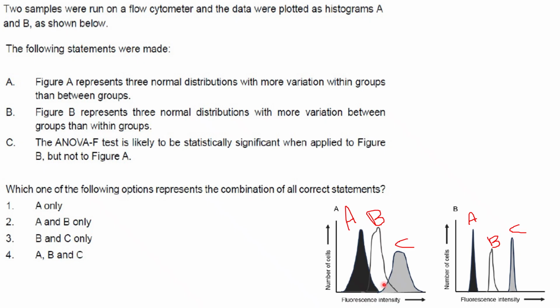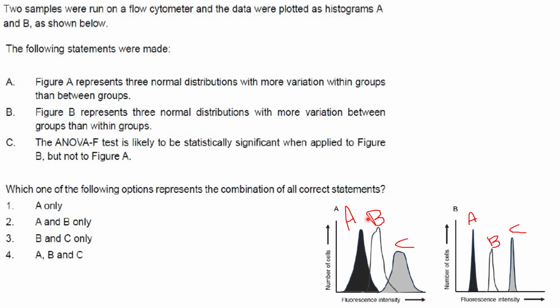So this overlapping and this broad width shows that there is variation within the group. That is, this peak is A group, this peak is B group, and this peak is C group. So there is more variation within the group than between groups.